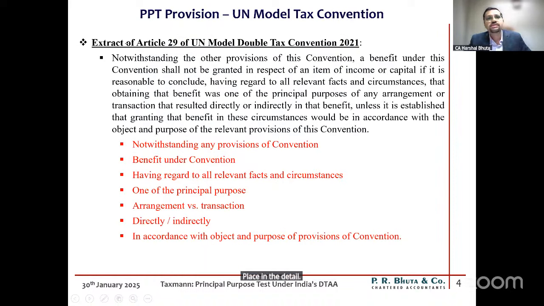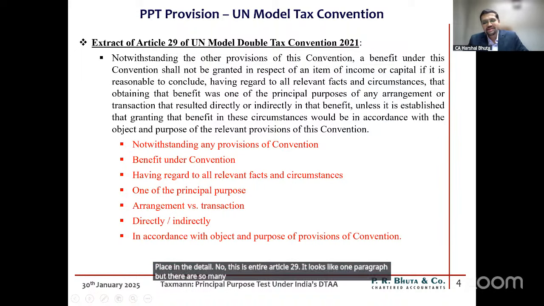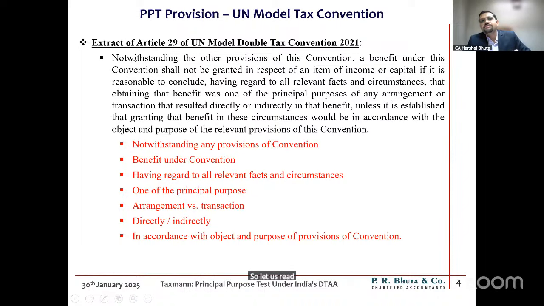Now, this is the entire Article 29. It looks like one paragraph, but there are so many nuances to it that we'll come to know through the session. So let us read the paragraph in entirety.